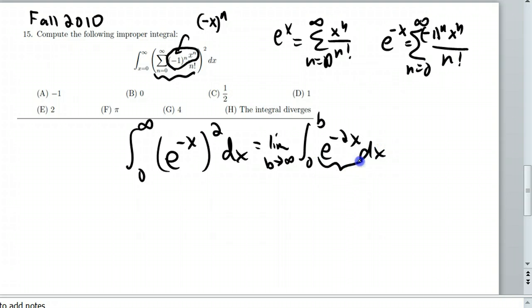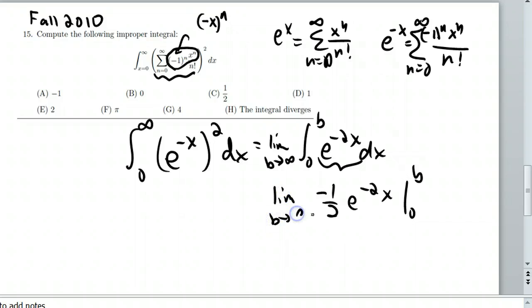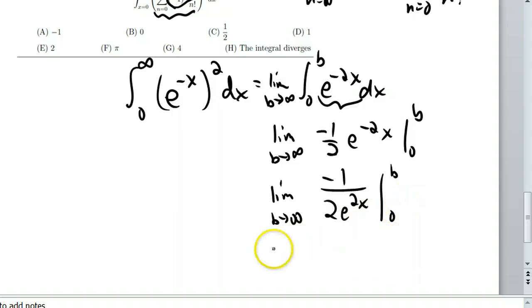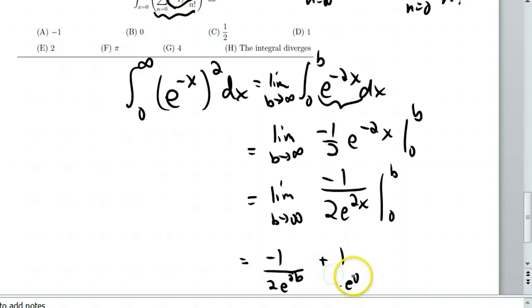Okay, the antiderivative of e to the negative 2x is negative 1/2 e to the negative 2x. But we'll be better off calling that negative 1 over 2e to the 2x. It'll be easier to treat it like that, so we can see exactly what happens as b gets large. Negative 1 over 2e to the 2b plus 1 over 2e to the 0 as b goes off to infinity.